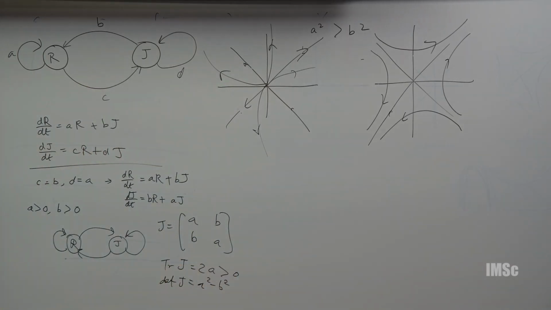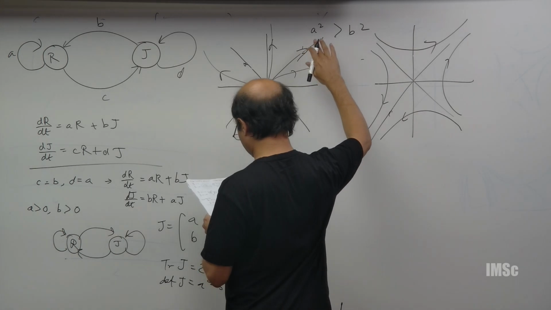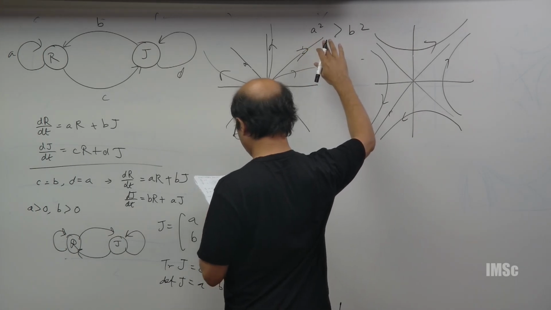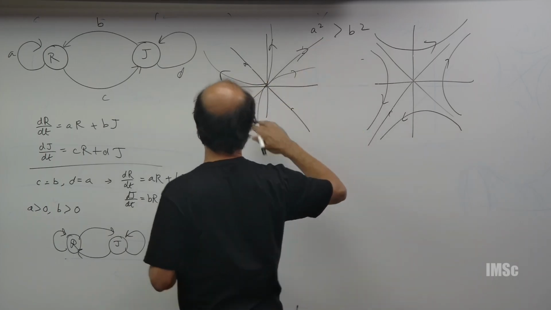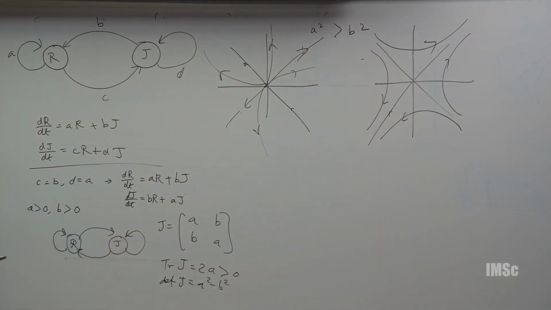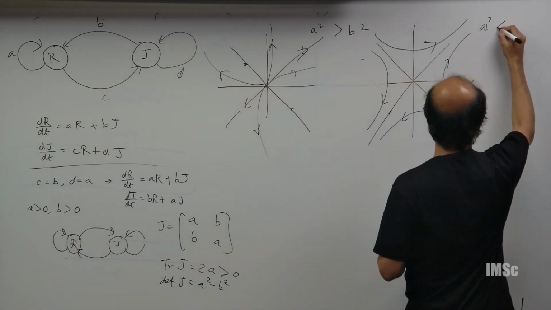Let's see, A square. Yeah, sorry, it's actually an unstable node. Yeah, so it's just flowing out, and this is the case when A square is less than B square.